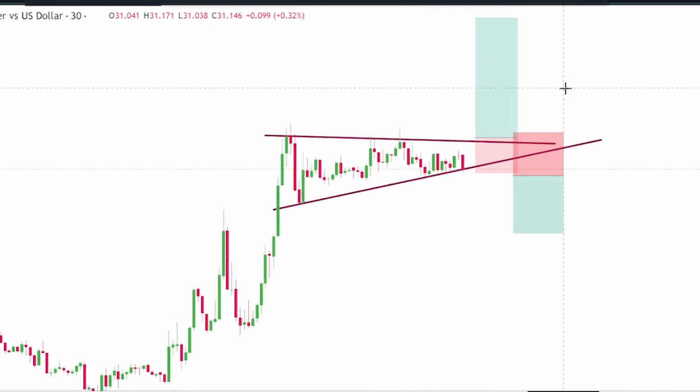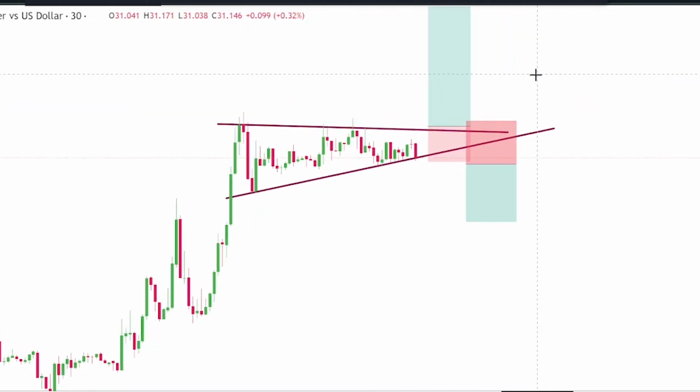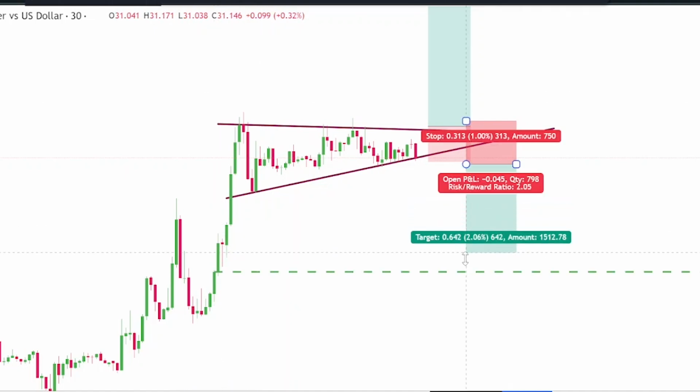So how can we now set a take profit? Remember, with these chart patterns, you don't know exactly the direction of the breakout. That's why we are going to be taking a small distance of profit, which will be equal to the height of the triangle. So let's say we take a TP from this area.